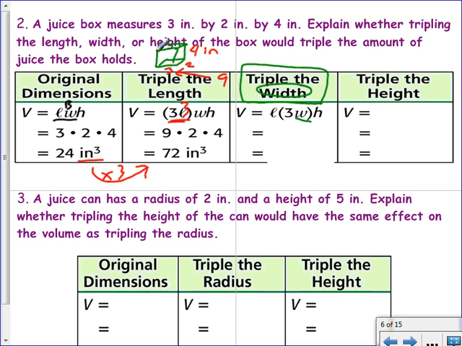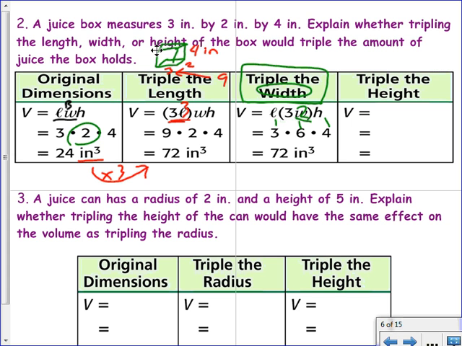The original width, remember, was 2, from over here. So we do 3 times 2, and then times the length times the width times the height. So the length is still 3, the height is still 4, but now our width is 6. And we want to know, if we multiply these numbers together, what do we get? We get 72 inches cubed.